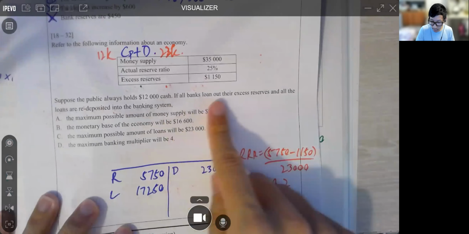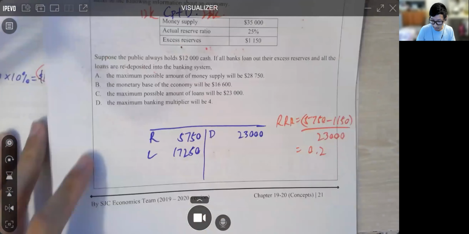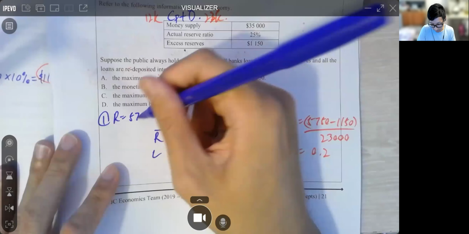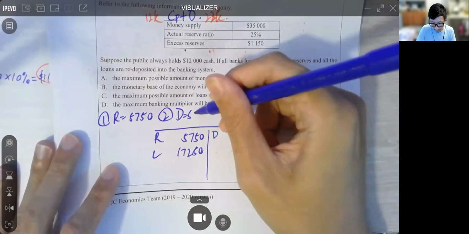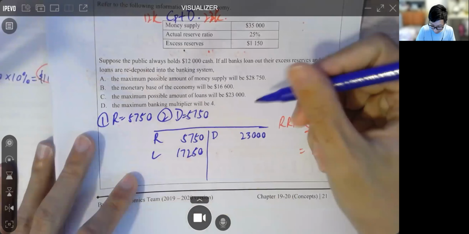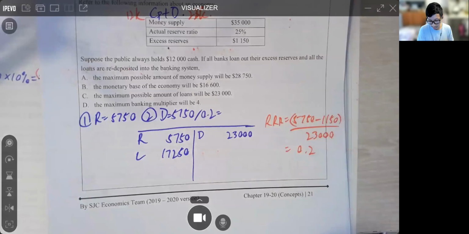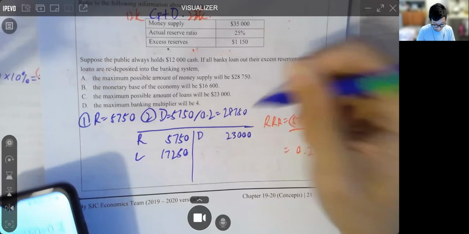Now, if the bank loans out the excess reserve and redeposit into the banks, what happens? Our three step. Step number 1, reserve this amount. Step number 2, deposit maximum. 佢講明係 loan out all excess reserve 啊嘛，redeposit 啊嘛，divided by 0.2, which would be 乘5，5750除0.2, 28750.